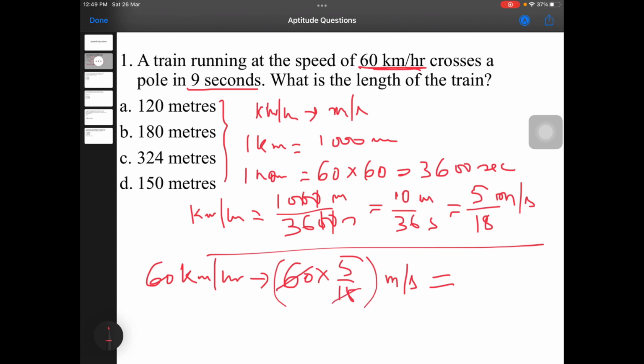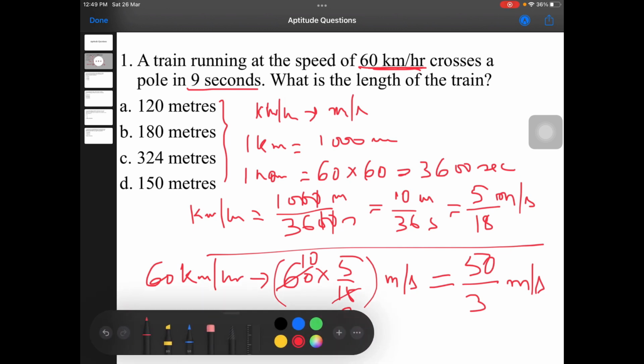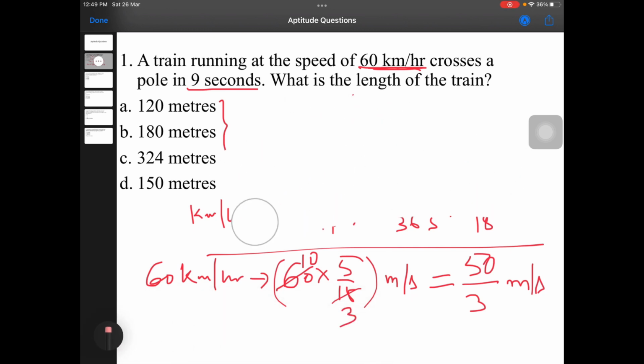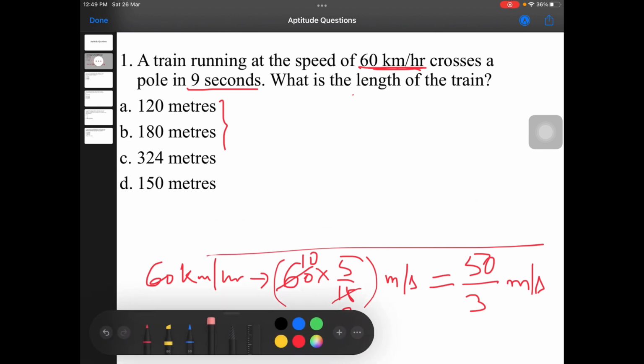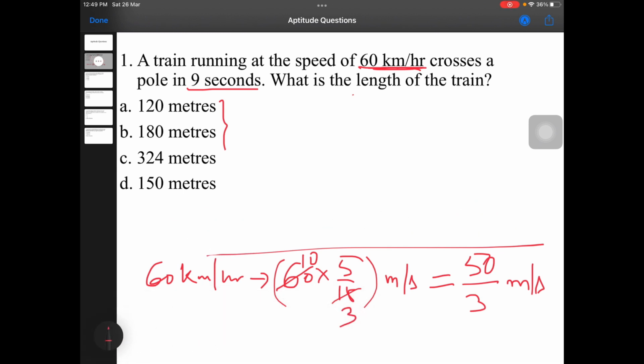Here we can divide by 6, this one will become 10 and this one will become 3, so equal to 50 by 3 meter per second. I hope up to now it's clear. This is the speed of the train in meter per second.